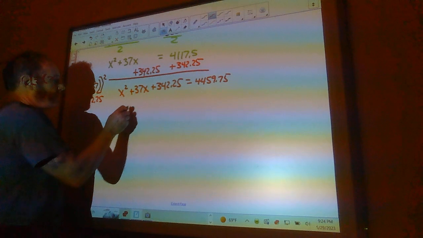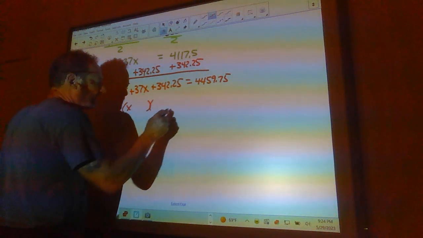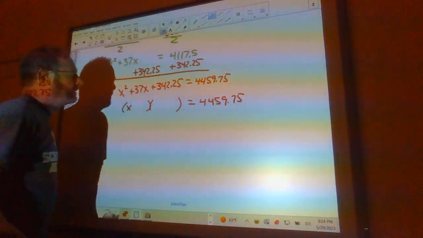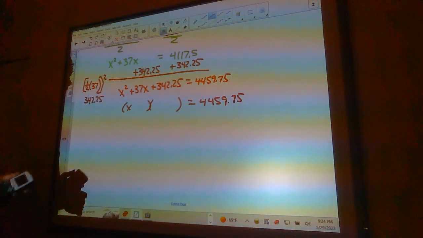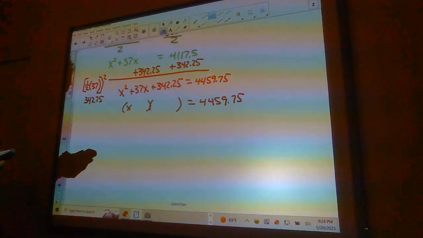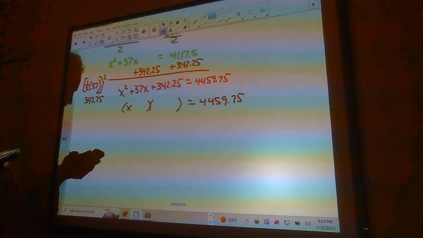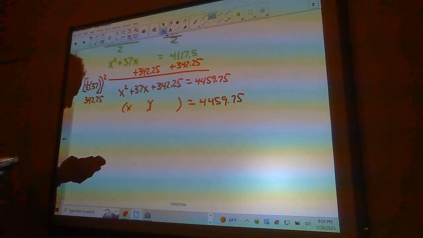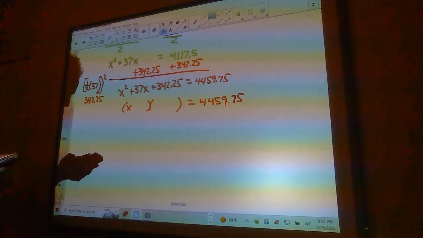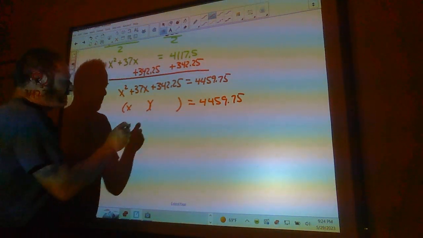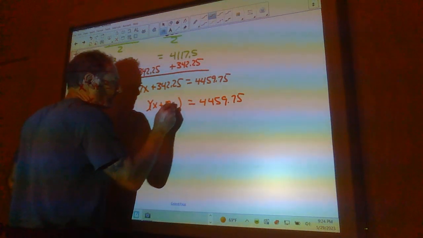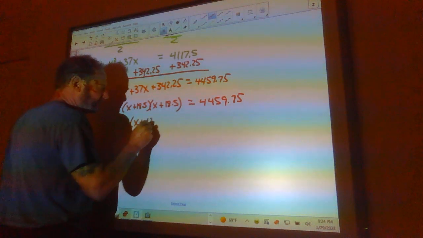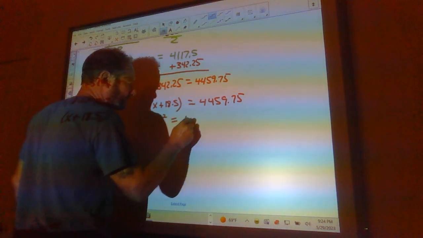Now, we can factor this down. The square root of 342.25 is going to be 18.5. So this is x plus 18.5 squared. It's going to equal this over here.